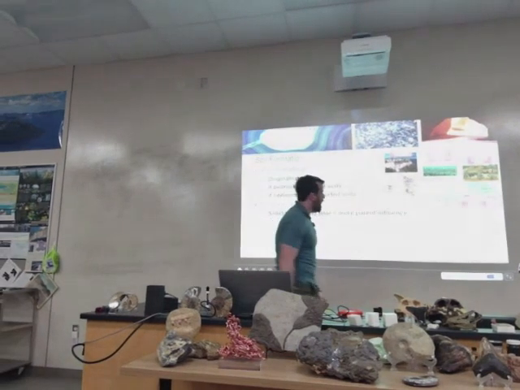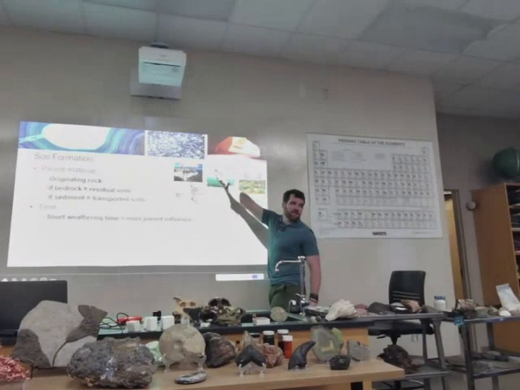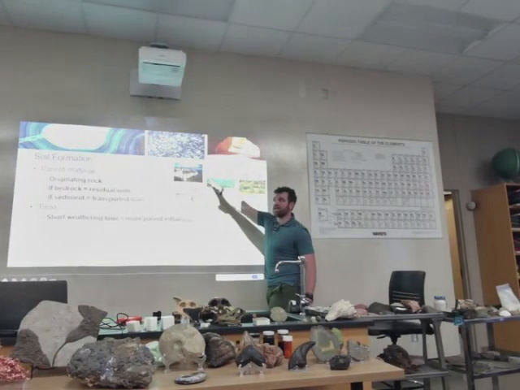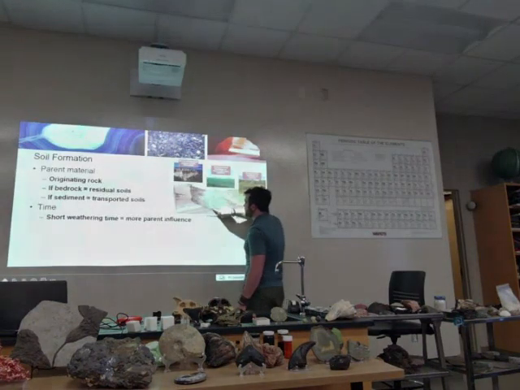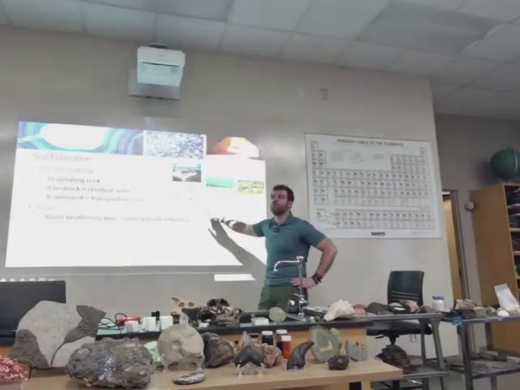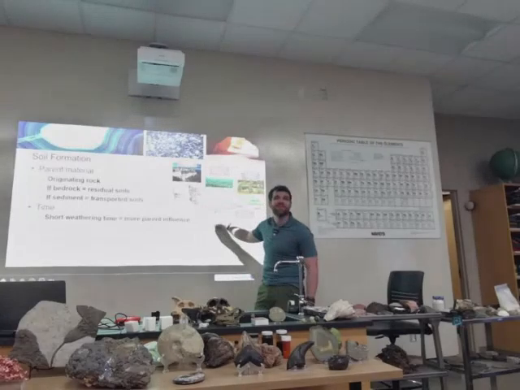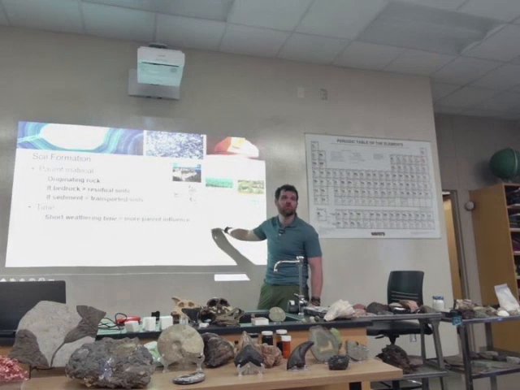So if I have a rock that breaks down way upstream and that mineral content, that clay, that sand, whatever it is, gets carried downstream by this river and gets deposited somewhere over here and eventually becomes part of the soil way down here, we are going to call that a transported soil. Not because the soil was transported, but because the mineral component of it came from somewhere far away before the soil was made.